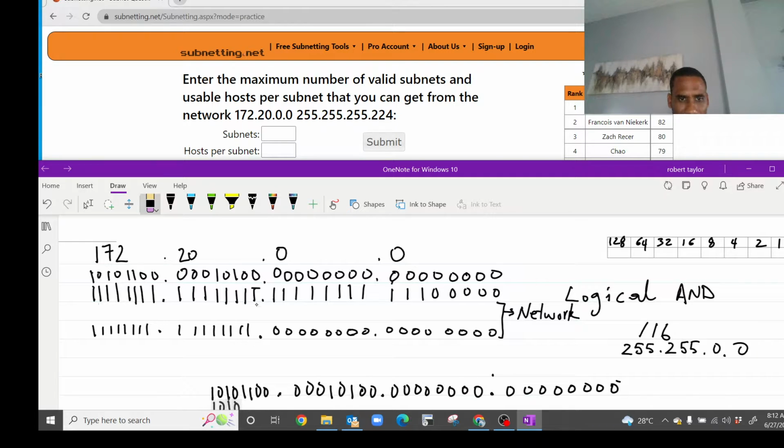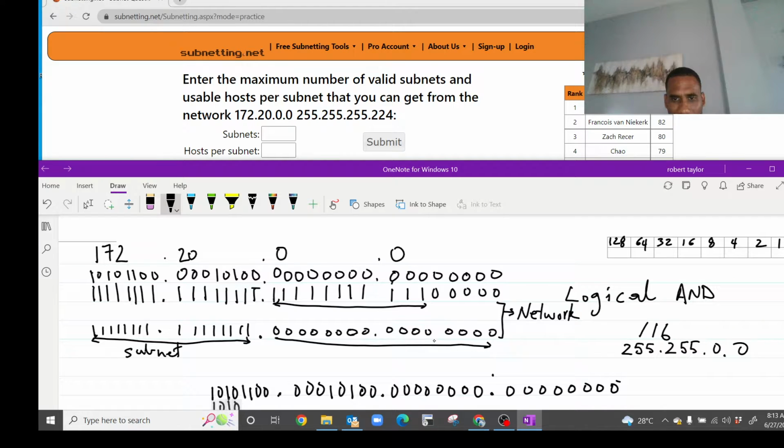All right, so if we look at the natural mask, we notice that we used 8 plus 8, 16 bits, right? That's the natural mask. But when we subnetted it, we borrowed these, which were host bits. These bits represent the subnet, and then these bits would represent the host on the network. But when we did the subnetting, we borrowed some of the host bits. See that?